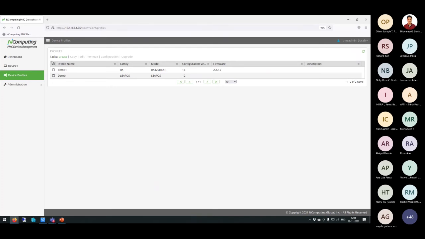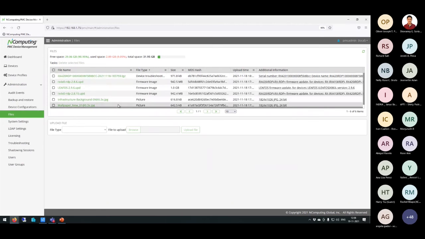Next is administration. Administration gives you complete control on managing your PMC setup. There is an interesting setting where you can see the files. Here you can upload your latest device firmware and your certificates, like security certificates and Wi-Fi certificates.